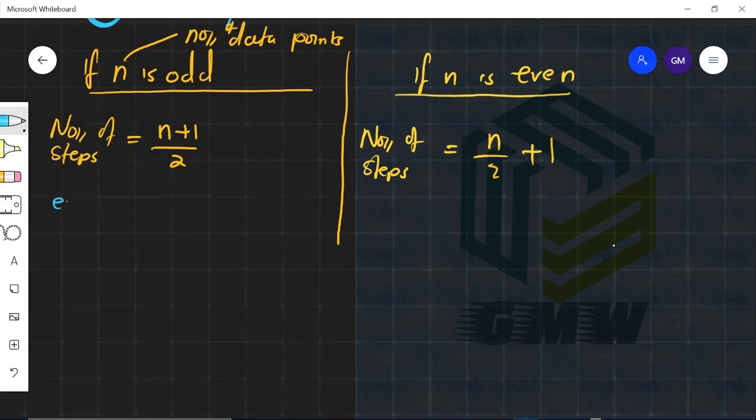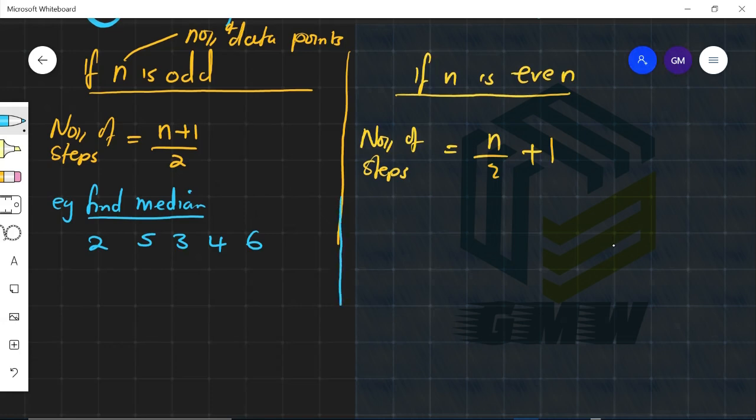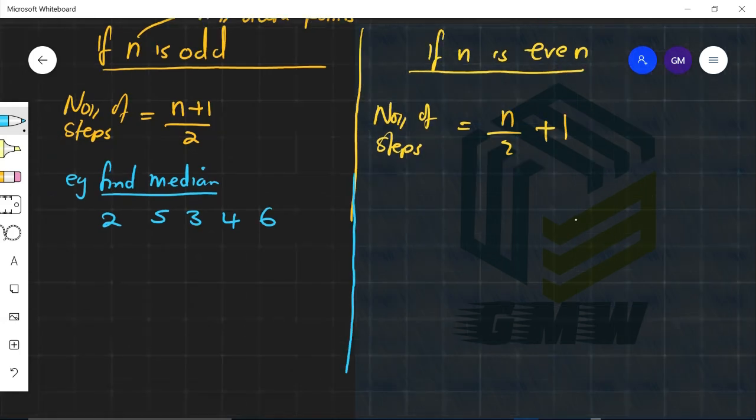Find the median. The data is 2, 5, 3, 4, 6, right? Is this data in ascending order? No. Let us put it in ascending order.